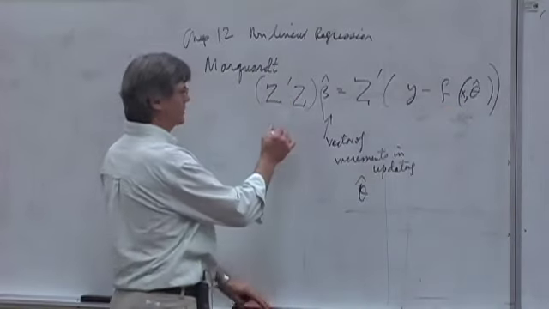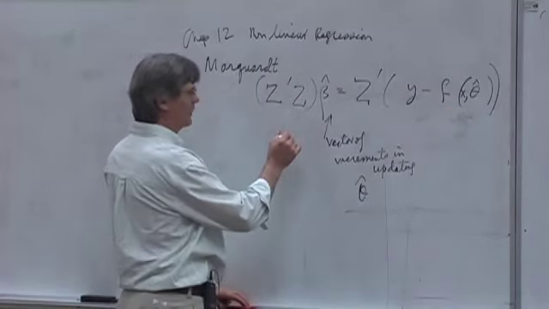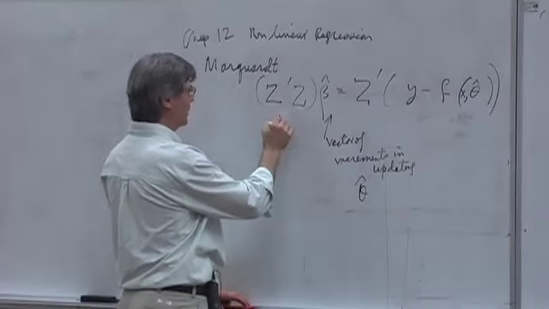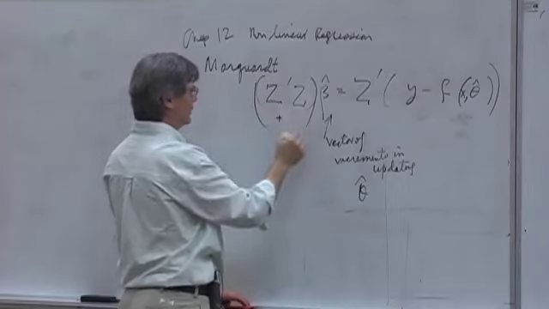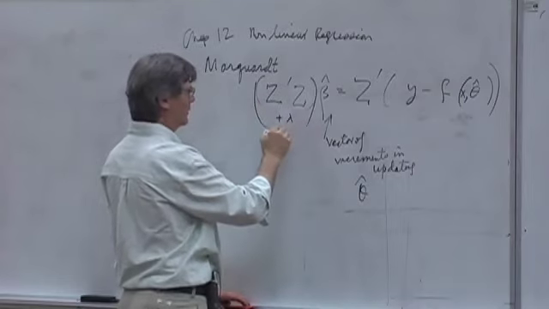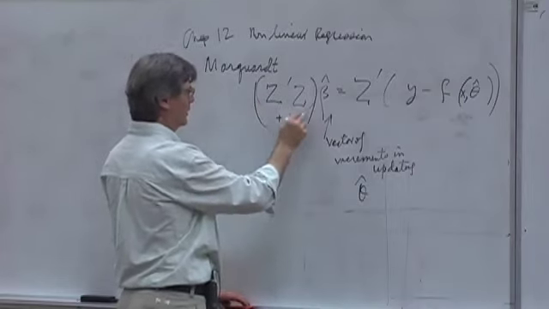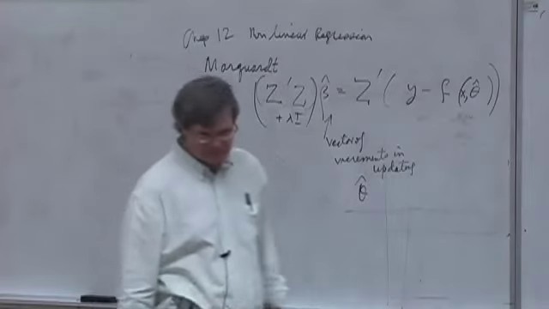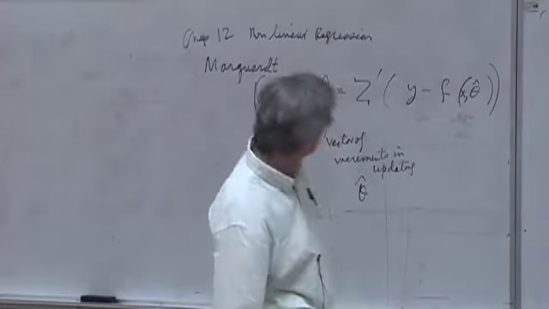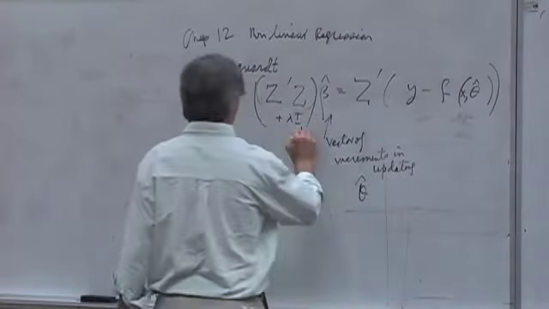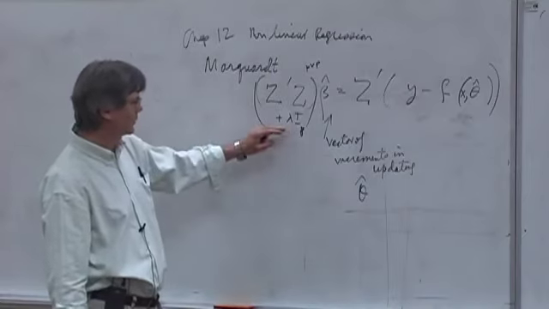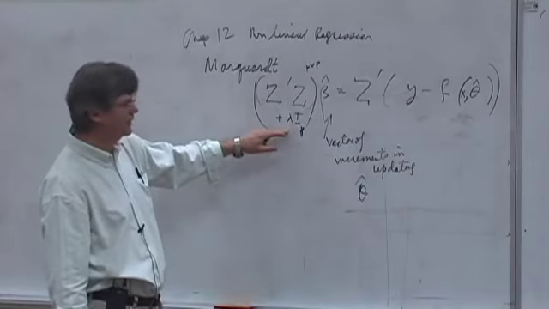Instead of doing that, he suggests biasing the situation a little bit by putting in a small parameter here, something non-zero times the identity matrix, I sub p. This is a p by p matrix. So that's Marquardt's method, which is very closely related to the ridge regression in Chapter 10.